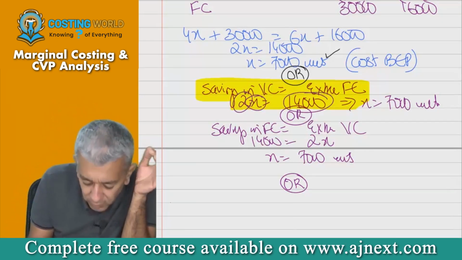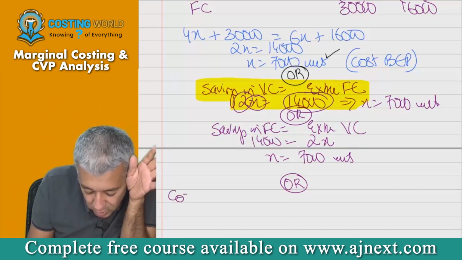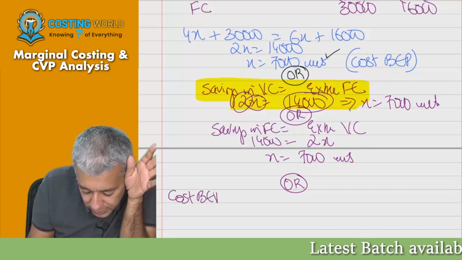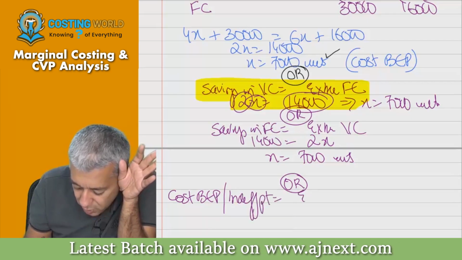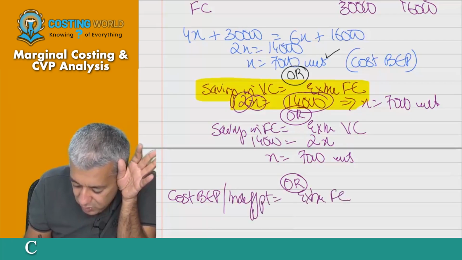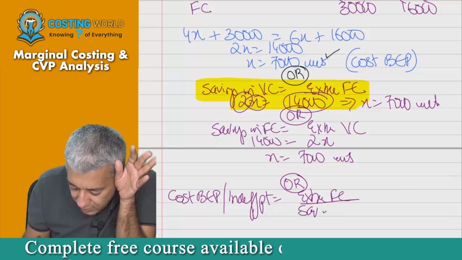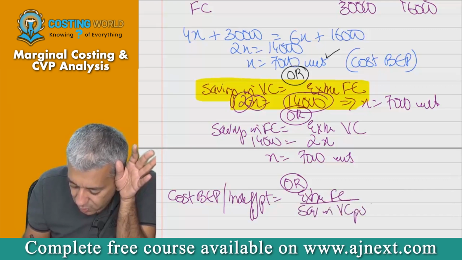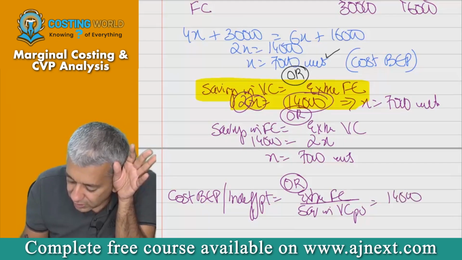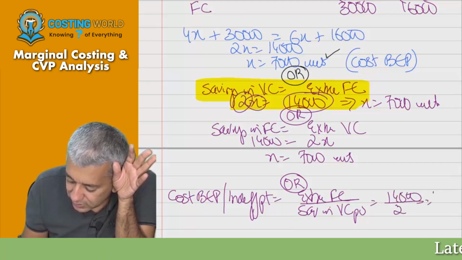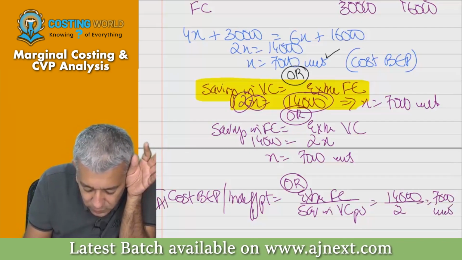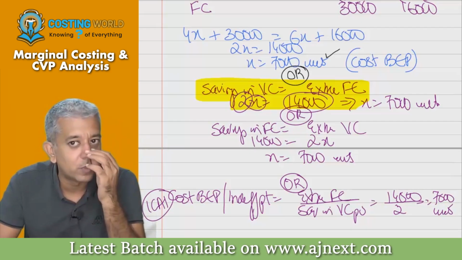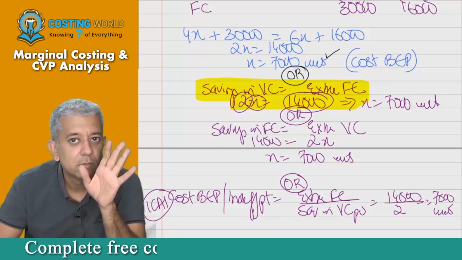So I am writing over here: cost break even point or indifference point is equal to extra fixed cost divided by savings in variable cost per unit. 14,000 divided by 2 is equal to 7,000 units. In exams, you do this much only, your job will be altogether over. Is this fine?